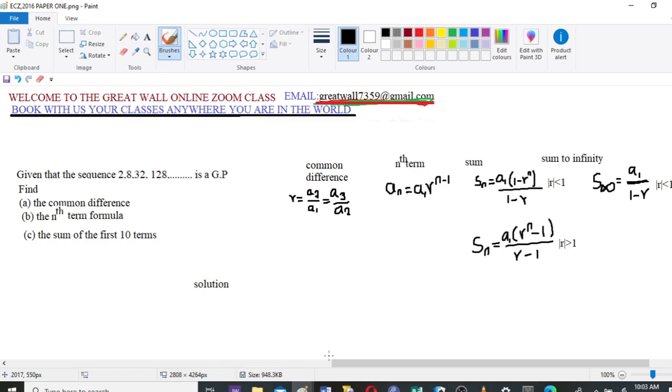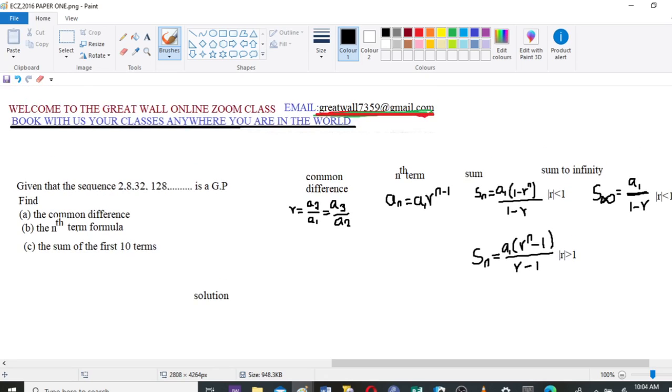So let's continue with geometric progression. In the previous class we looked at how to solve arithmetic progression questions, and now I want to look at geometric progression. Okay, so here is the question. We have these three questions to answer.